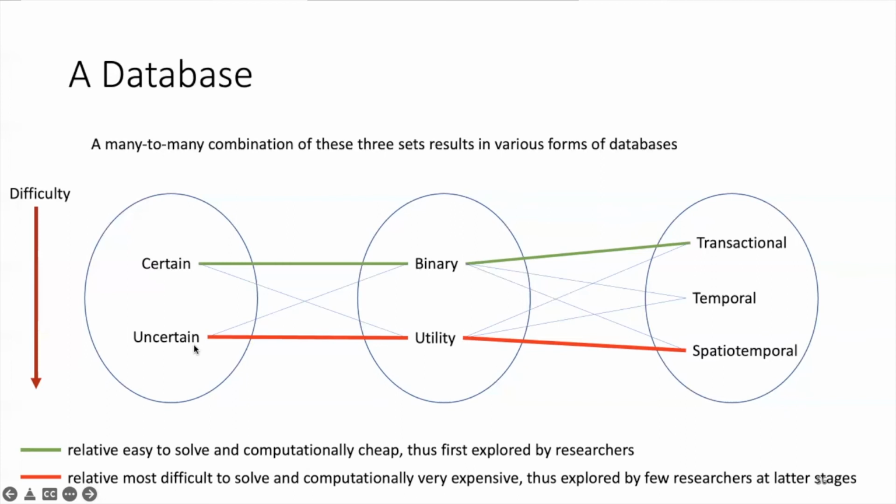We generally end when we try to handle uncertain data containing utility of the items in a spatio-temporal database. So whenever we propose a new type of pattern, we generally choose the easier dataset because your chances of getting published increase. Then over a period of time, other researchers can extend this work to handle uncertain, utility and spatio-temporal databases.